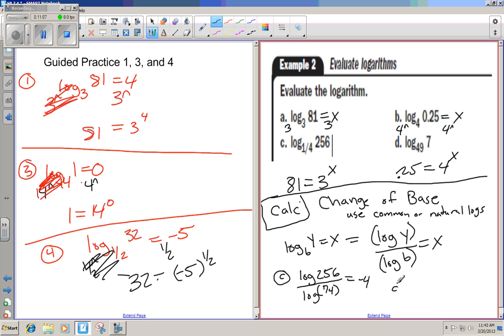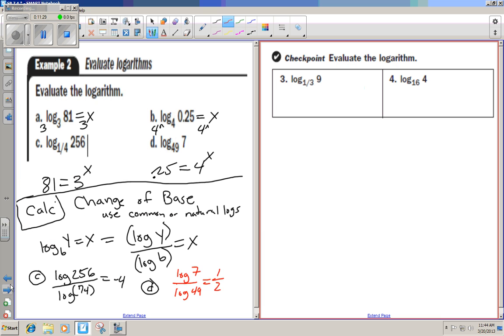For part D, you would do log of 7 over log of 49, and you would end up with 1/2 as your solution.